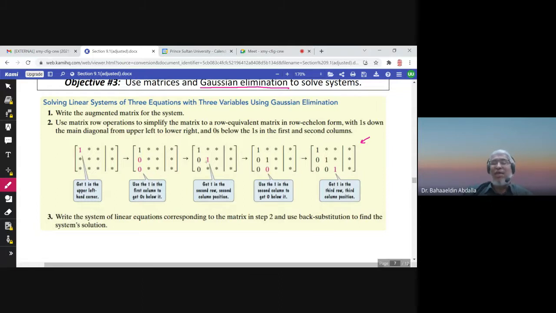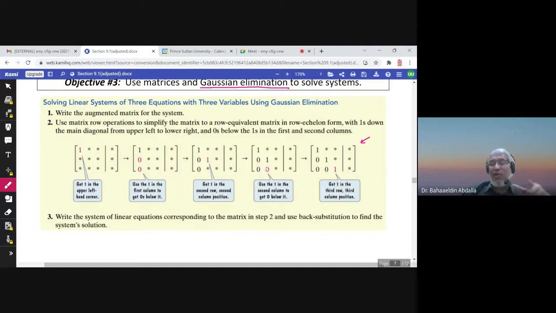Now you go to the second column. You get 1 here in the second row. How do you get 1? Either you interchange, and by the way, you always interchange a row with a row beneath it, below it. You don't interchange this one with the one above, even if there is a 1 here. No, interchange this one with the one below.